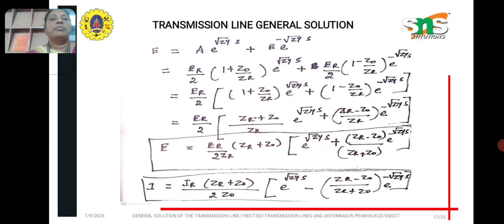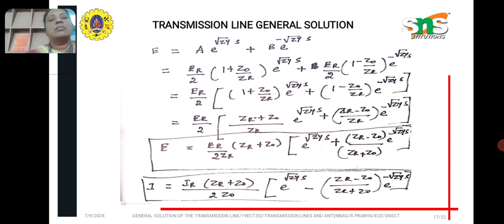Finally, by substituting all these values in the voltage and current equations, we get two sets of equations. One form consists of exponential terms and another form consists of hyperbolic terms.